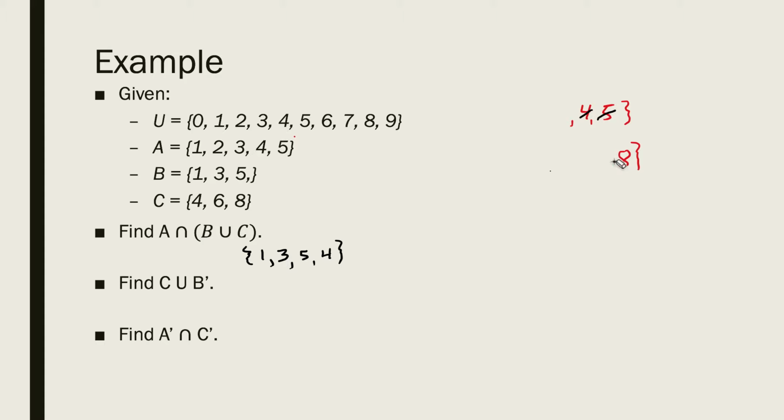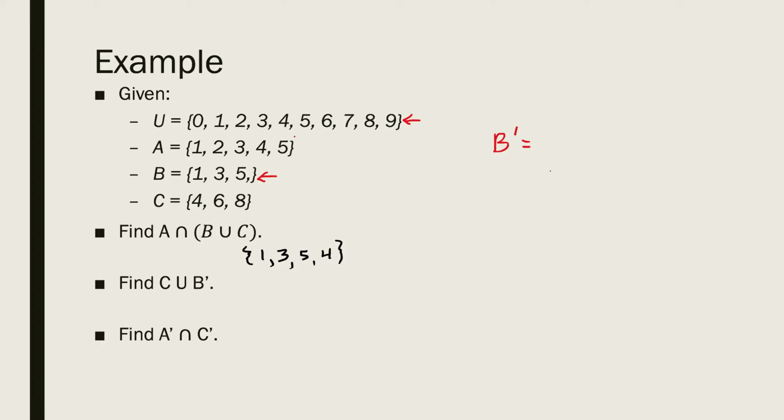So our next problem asks us to do C union with B complement. So I'm going to begin by writing down what B complement is. So remember, to find B complement, I'm going to compare B to the universal set.